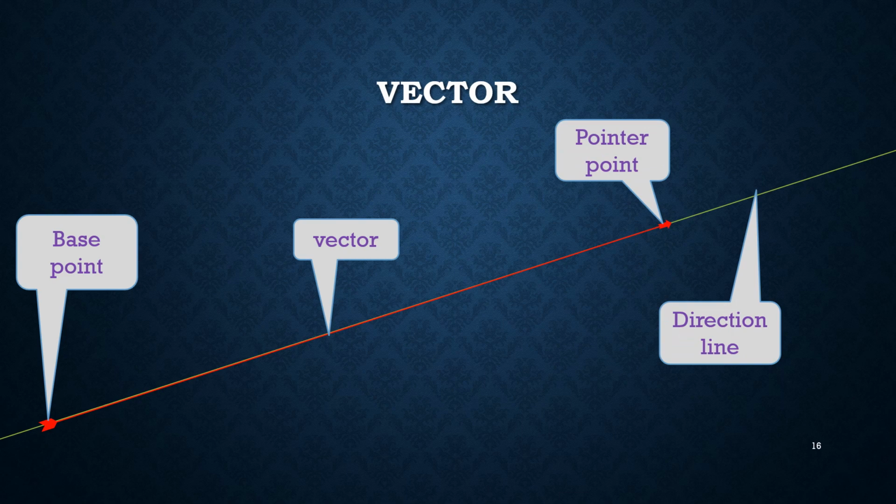The vector has a base point and a pointer point that both lay on the direction line. A scalar describes its length.